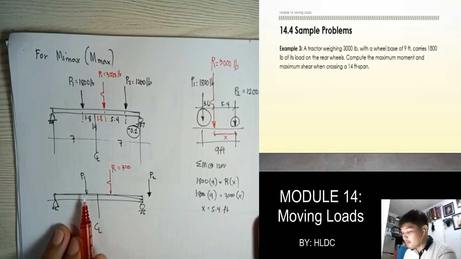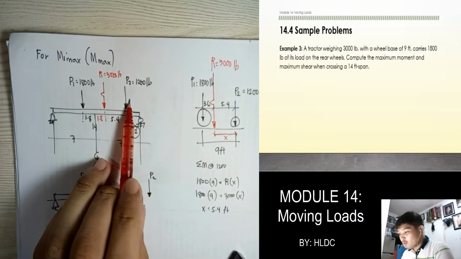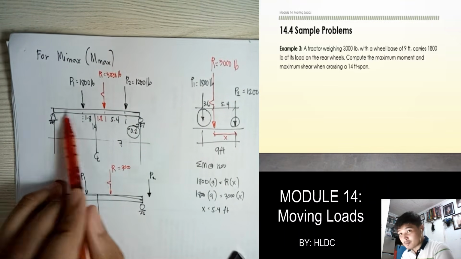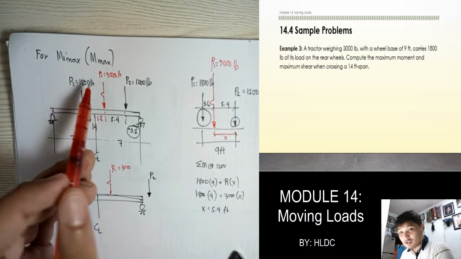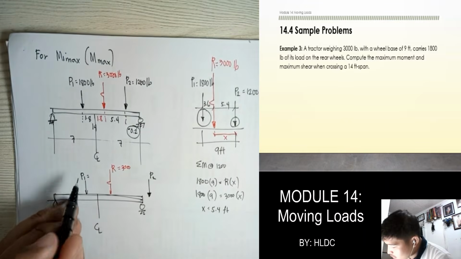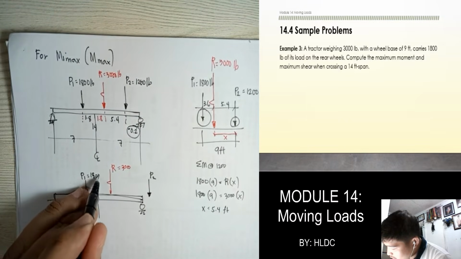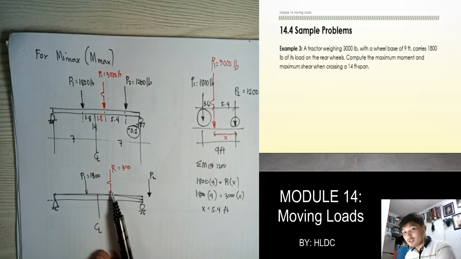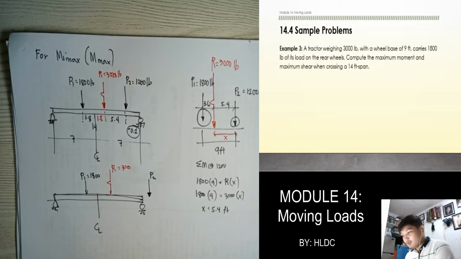Kasi ilan na lang ba yung nakapatong sa gulong mo, class? Lalabas ang 3,000 kapag both wheels natin is nakapatong dun sa span. Diba? 1.8 plus 1.2, so 3,000 na yung resultant niya. Pero sa case na to, kung ang nakapatong na lang is yung P1 na 1.8, ilan yung resultant, class? Dapat 1.8 na lang din. Tama ba? Gets ba yun? Kasi hindi na nakapatong yung isa.